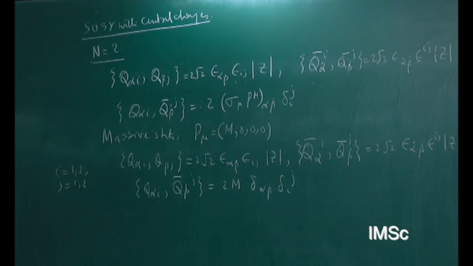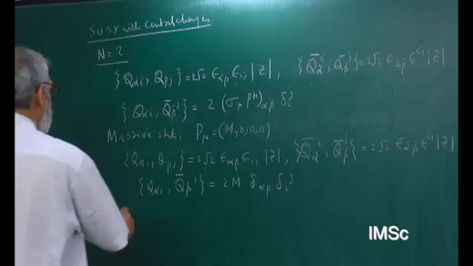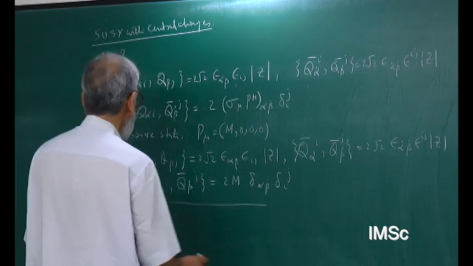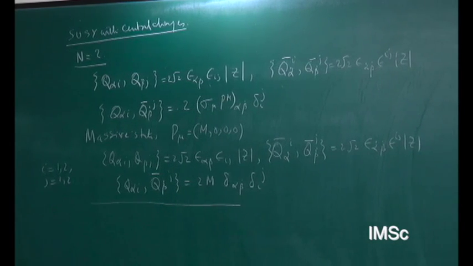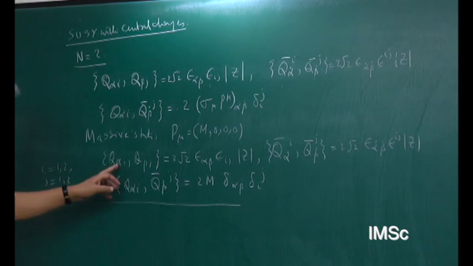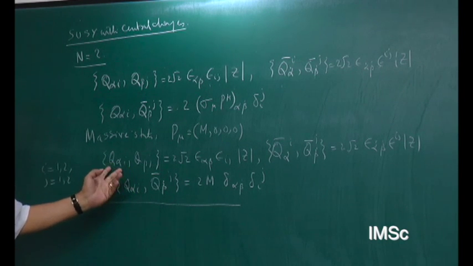Next, what we said is let's construct a linear combination of these four supersymmetric charges. Alpha takes values 1 and 2, I takes values 1 and 2, so there are 4 of them, and the conjugates.